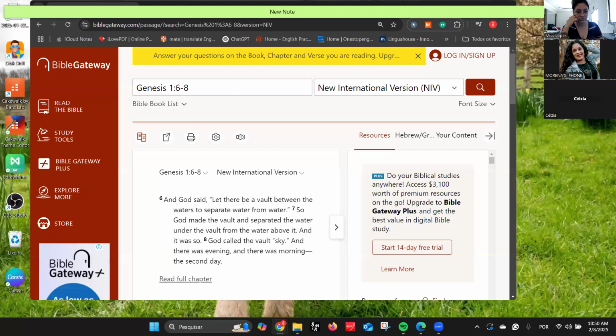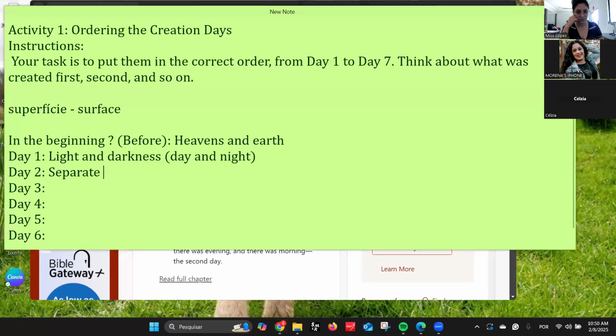God called the vault sky, and there was evening, and there was morning, the second day. What happened on the second day then? The second day he separates the water from water, the water and the sky. That's it. Separated sky and waters.